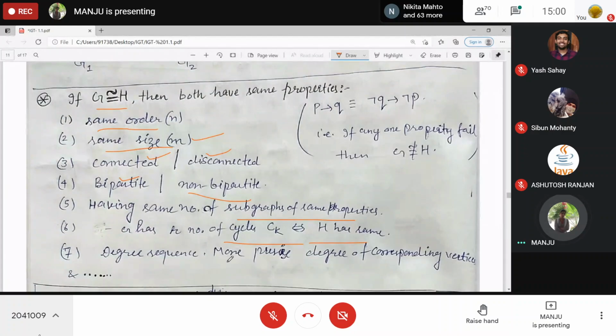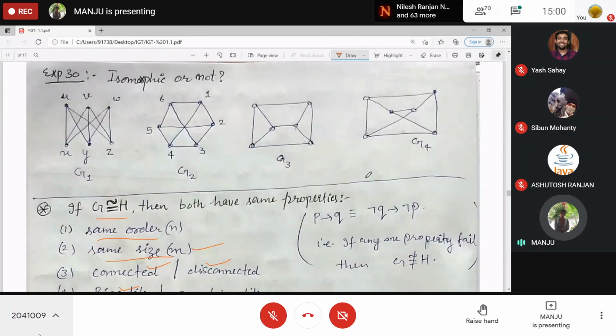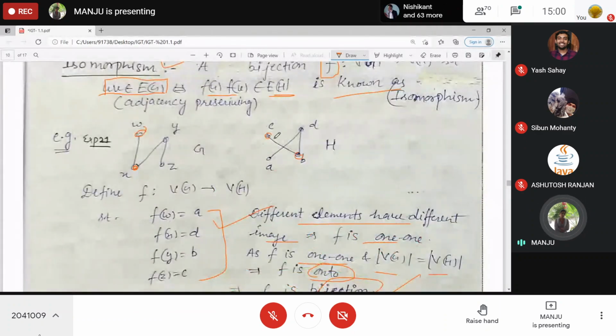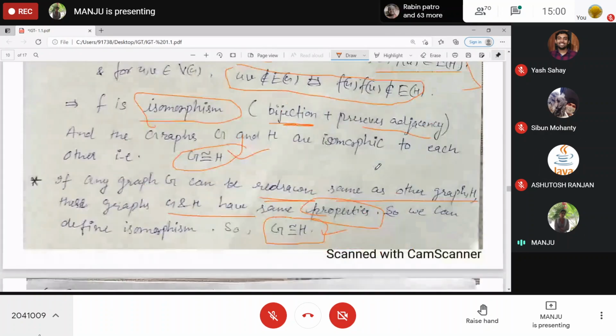And degree: the corresponding vertex W corresponds to C, so the degree of W here is 1, and here also 1. The corresponding vertices have the same degree. X has degree 2, and B also has degree 2. Y has degree 2, D also has degree 2. And Z degree 1, A degree 1, right? And many more properties.